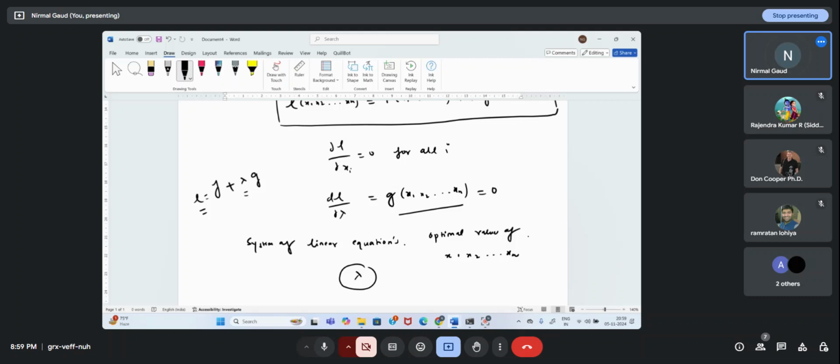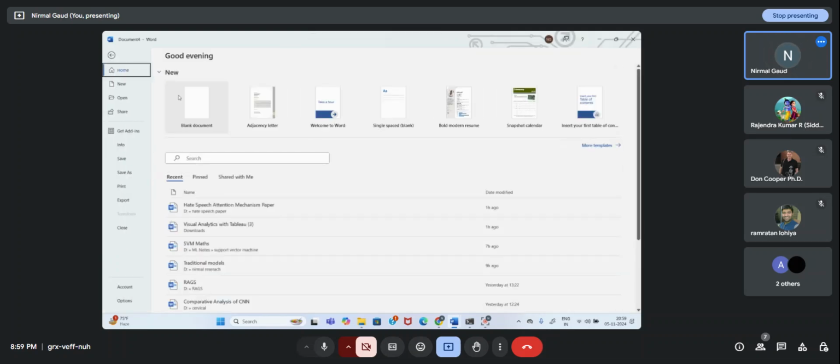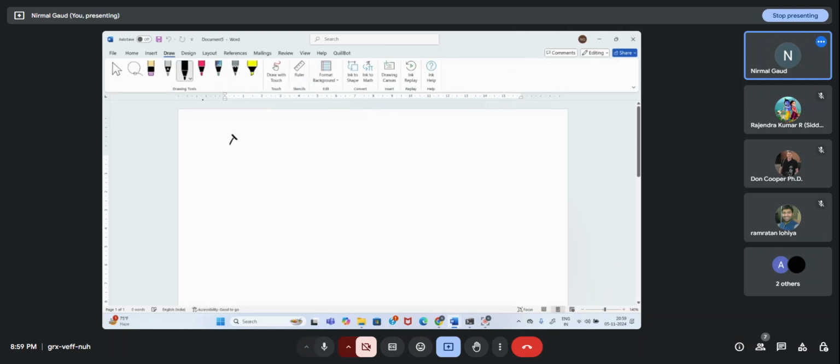So let's talk about this Lagrange multiplier, lambda. See, lambda helps to balance between f and g. We have two functions: this is the objective function and this is the constraint equation. I need to maintain the balance between them.